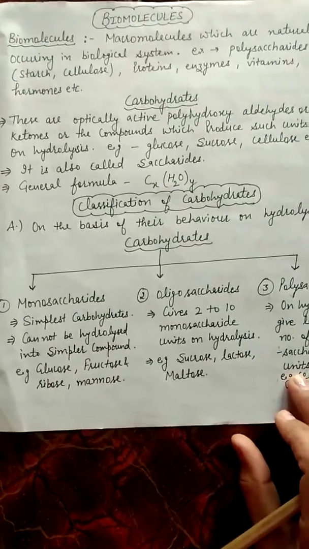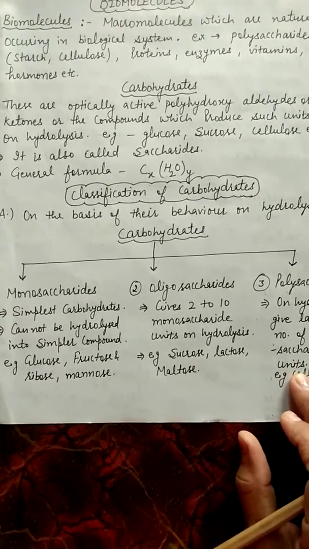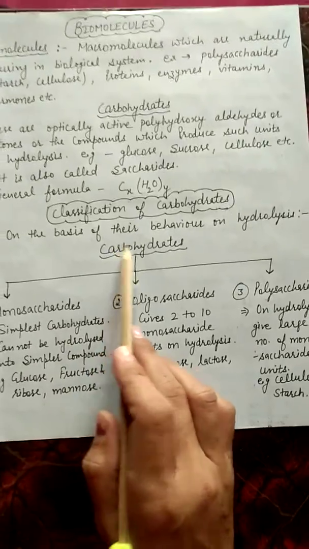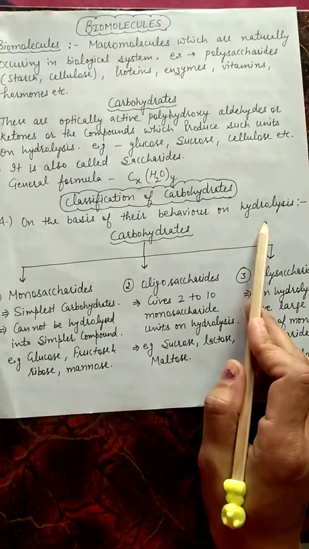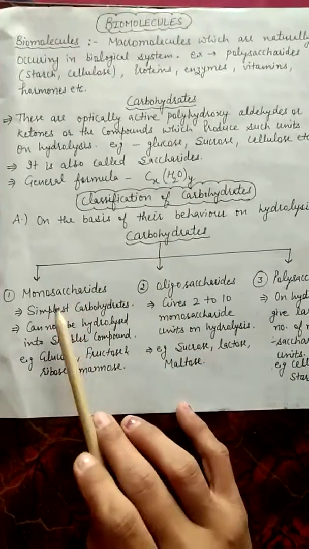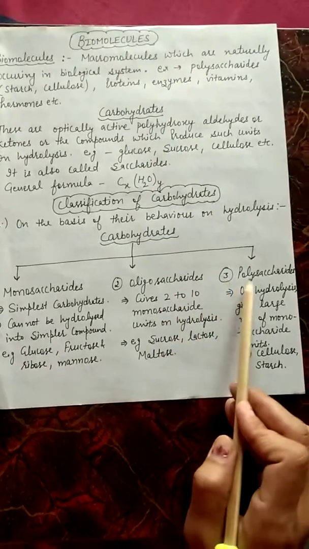Now the next topic is the classification of carbohydrates on the basis of their behavior on hydrolysis. It is of three types: monosaccharides, oligosaccharides, polysaccharides.